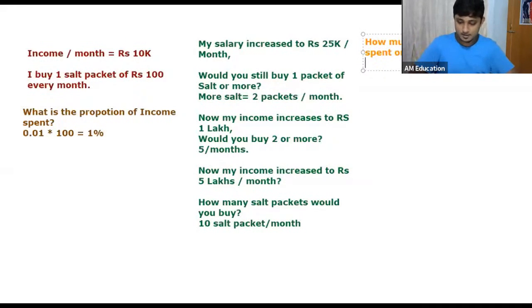In the first place, where 10,000 is my income and 1 salt packet I'm buying per month, 10,000 per month, 1 packet per month. How much is the proportion of income spent on the salt? 1%. We've already found it out.